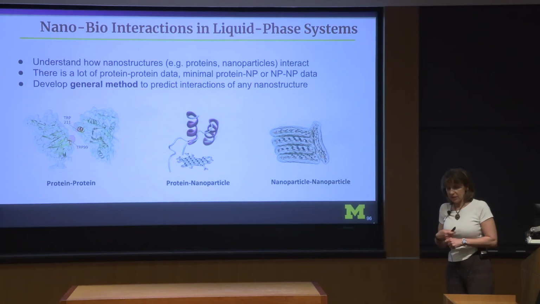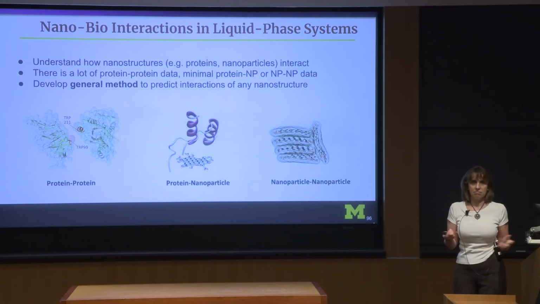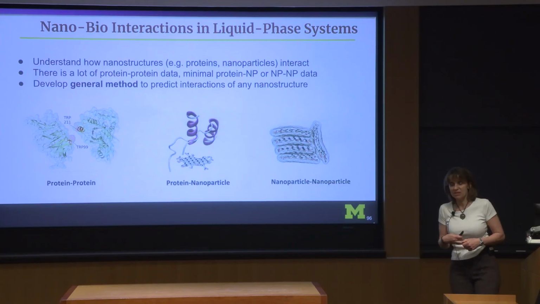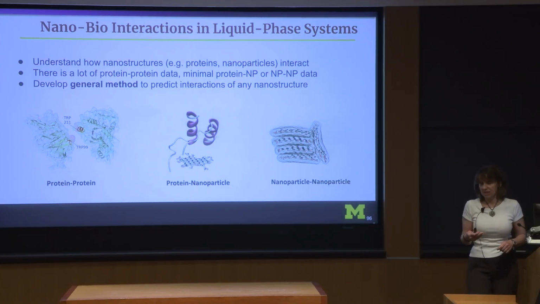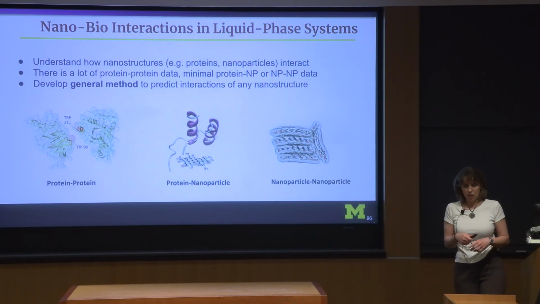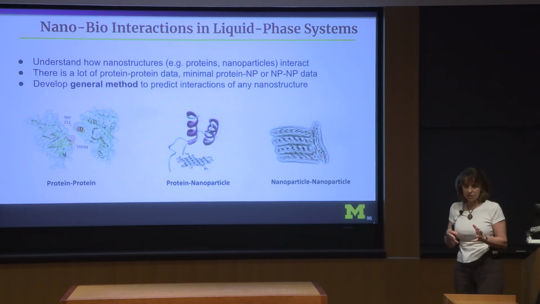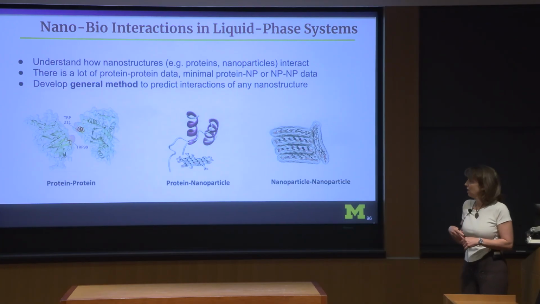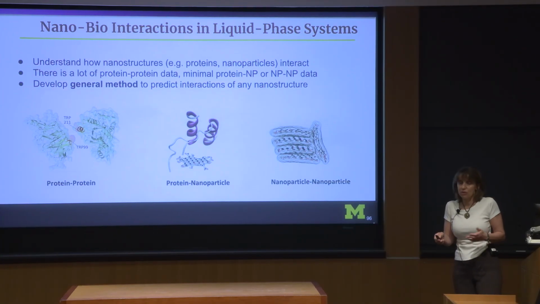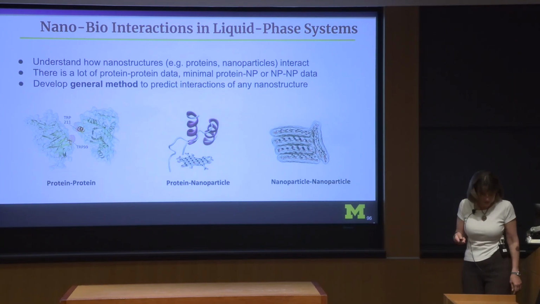And the other thing is that there is not much data. So one of the first tasks that we started, and we're still doing, is to curate a database of carbon nanoparticles with the proteins. That means extracting from the literature and inserting all the details that we needed for this data set.